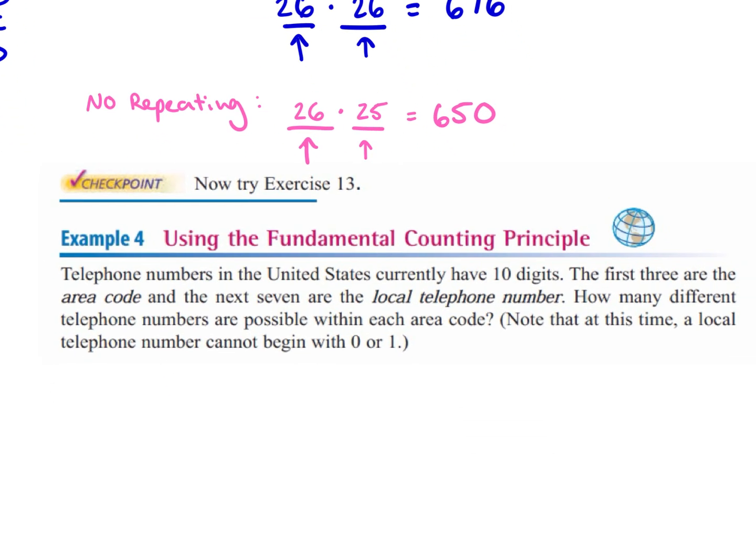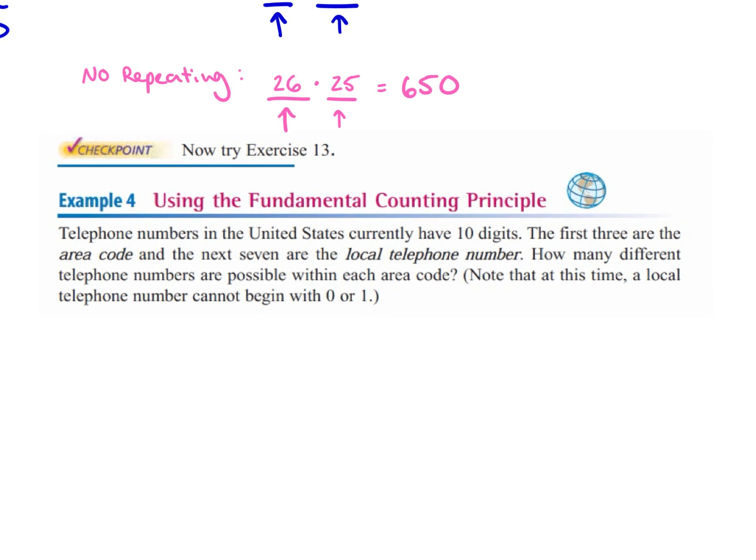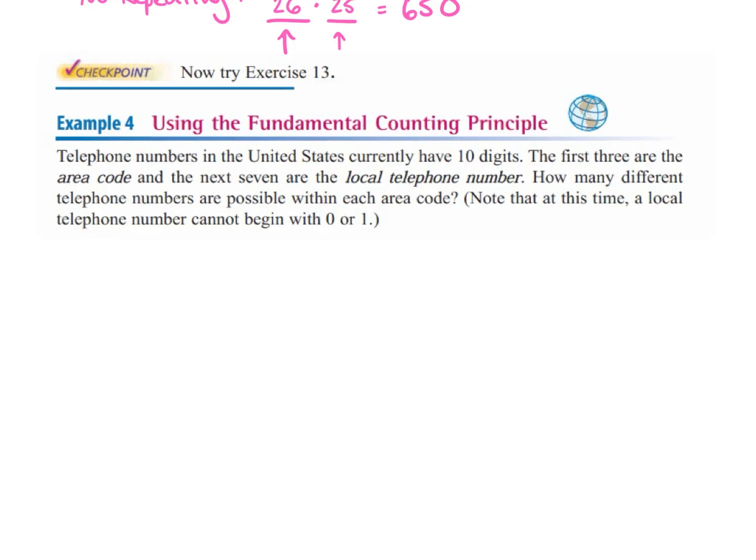Perfect. Let's look at example 4. It says telephone numbers in the United States currently have 10 digits. The first 3 are the area code, and the next 7 are the local telephone number. How many different telephone numbers are possible within each area code? Note that at this time, a local telephone number cannot begin with a 0 or 1. So we have a 10-digit number.